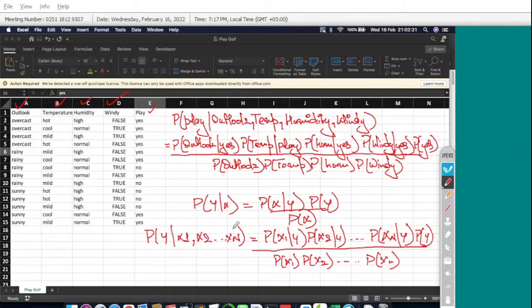But lesser probability could also mean an irrelevant variable. Okay, I can give you a small case. If we create this data without the windy variable, wait a sec. No, without the temperature variable, these three columns give better accuracy than using these four columns.